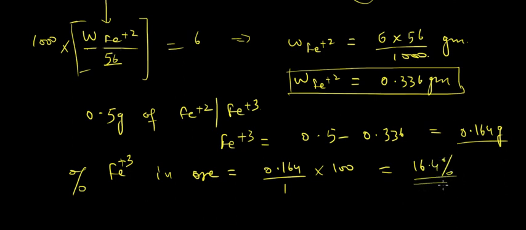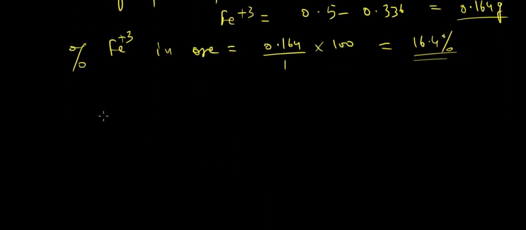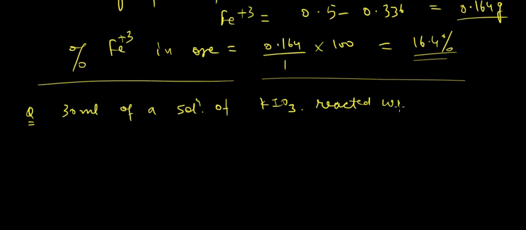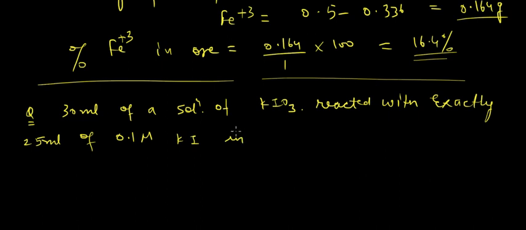Okay, now let's see one more example before going on to the next concept. So this question is, we have 30 ml of a solution of KIO3 which reacted with exactly 25 ml of 0.1 M KI in acidic medium.